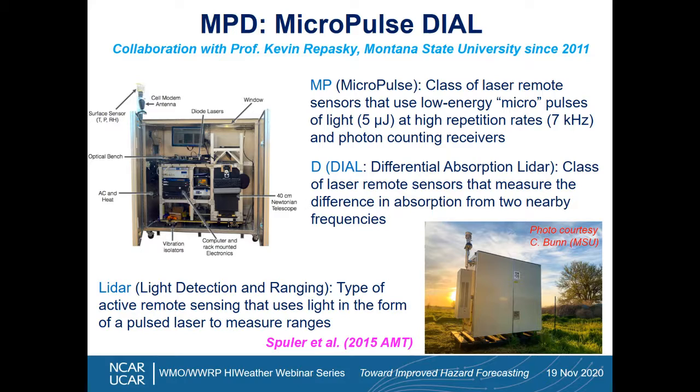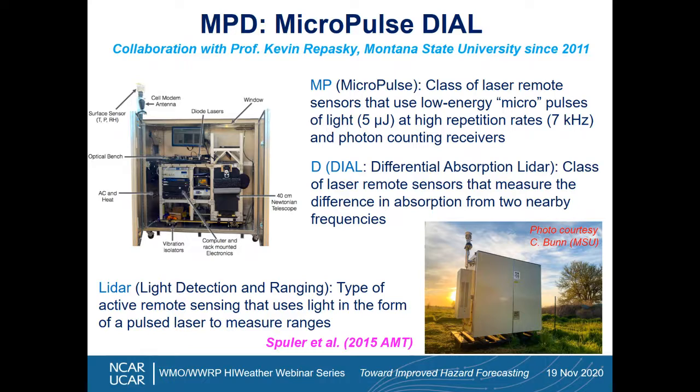First of all, MP stands for micropulse, and this is a class of laser remote sensors that use low energy, or micro pulses of light, at 5 microjoules at high repetition rates of 7,000 hertz, and we use photon counting receivers. The D stands for DIAL. It's an embedded acronym in there.